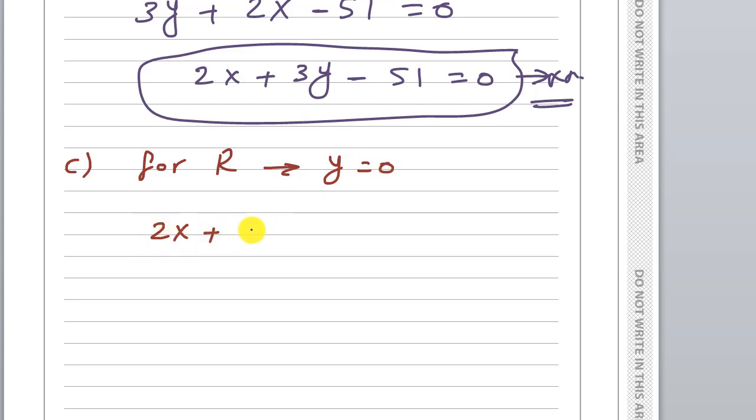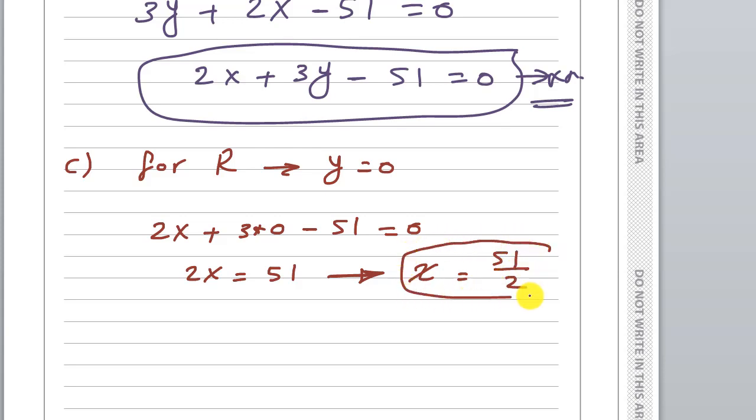So 2x plus 3 multiplied by 0 minus 51 is equal to 0. So 2x is equal to 51. So from here, x is equal to 51 divided by 2. So the point R is equal to (51 divided by 2, 0).